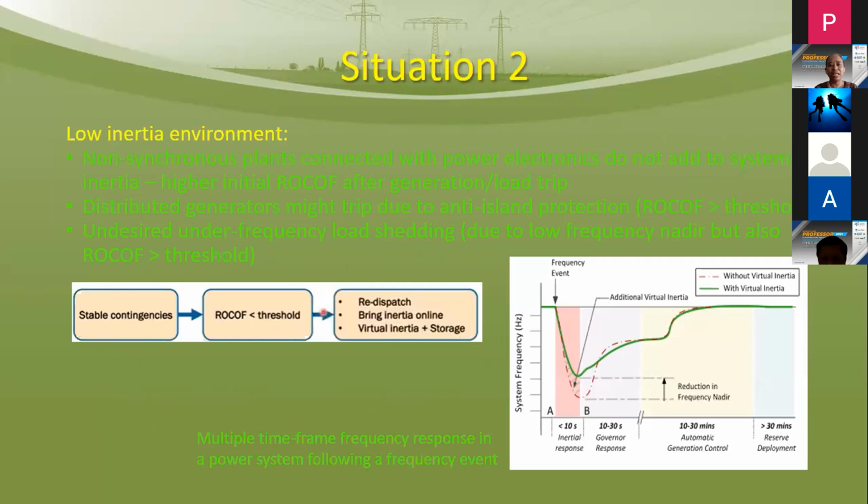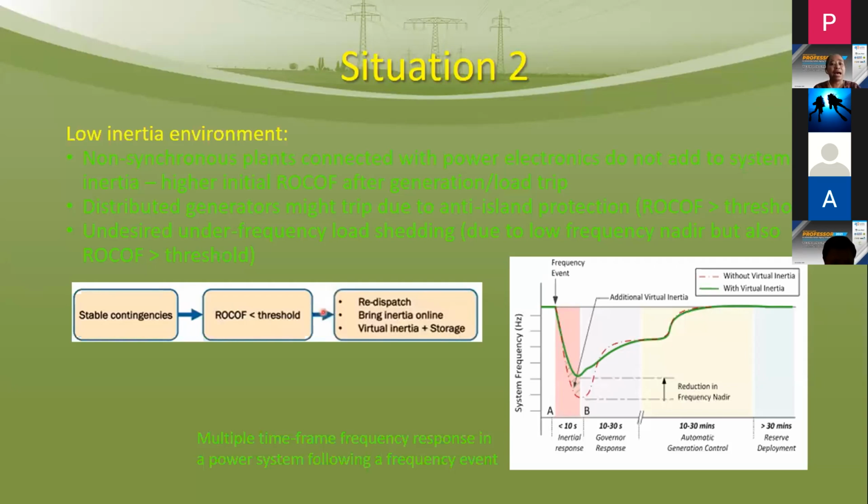So a higher initial rate of change of frequency after generation and load trip can be caused. Distributed generators might trip due to anti-island protection if the rate of change of frequency is above a certain threshold.